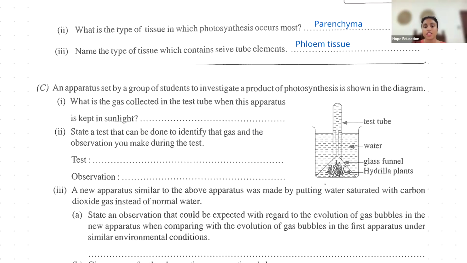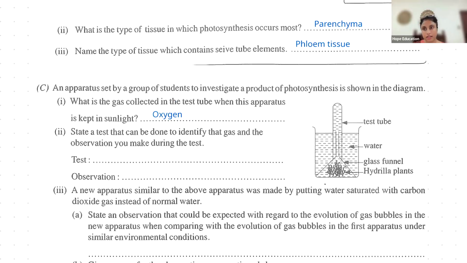Oxygen, yes, because oxygen is produced during photosynthesis. State a test that can be done to identify that gas and the observation. What is the test and what is the observation?